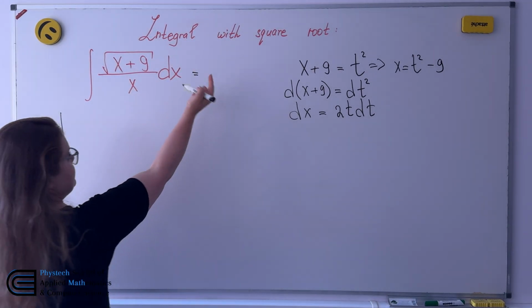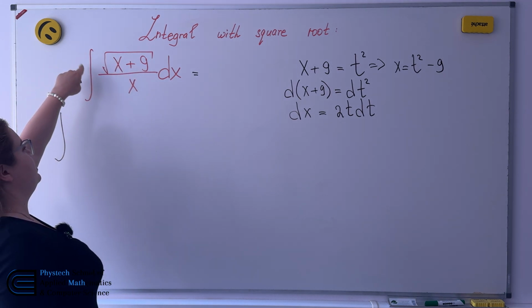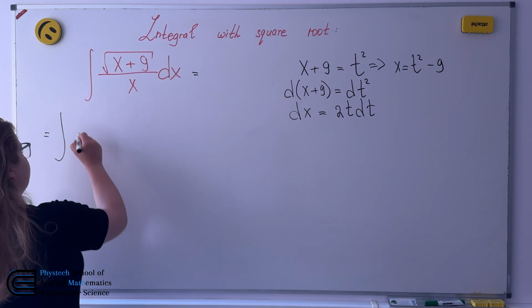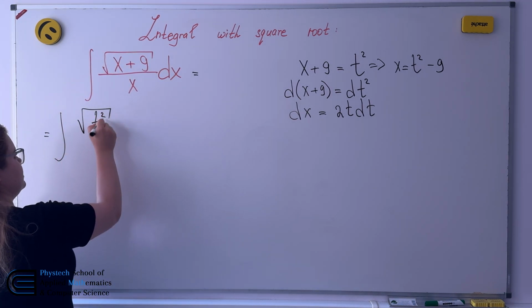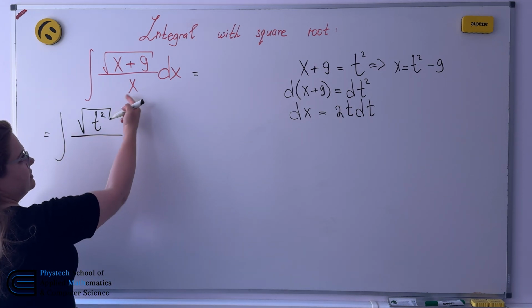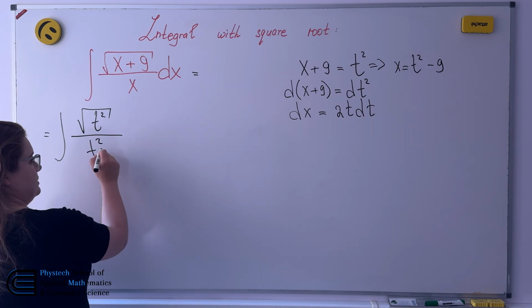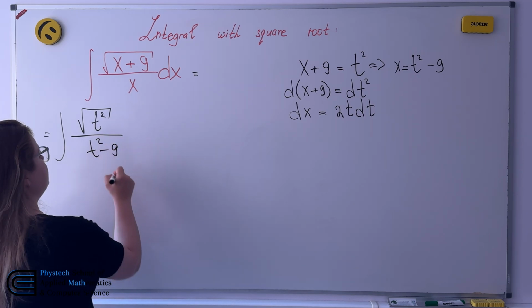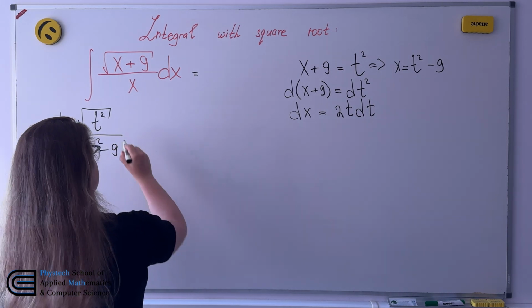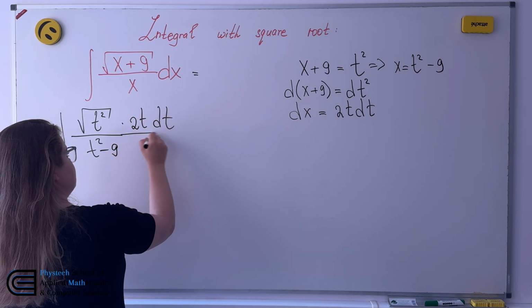So x plus 9 equals t squared, and we need to write here the square root of t squared, which gives us t. And x now is t squared minus 9, and dx equals 2t dt.